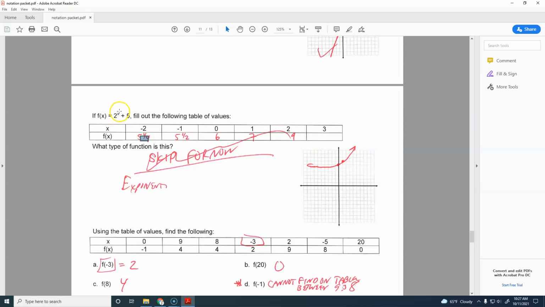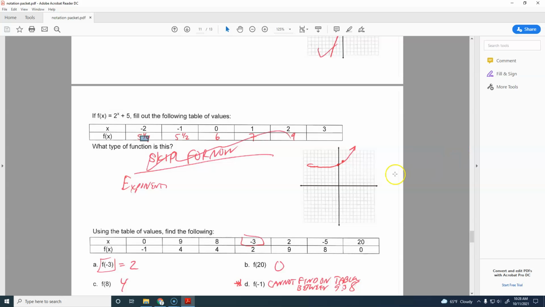But 2 to the 0 power plus 5 is 6, 2 to the second plus 5 is 9. 2 to the third plus 5 is going to be, let's see, 8, 13. You should get 13 for that one. The negative exponents, don't worry about, we're not doing those yet.